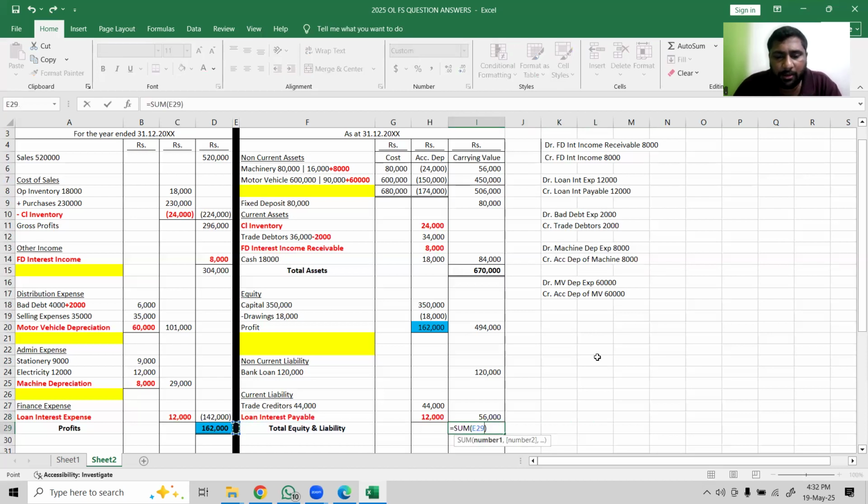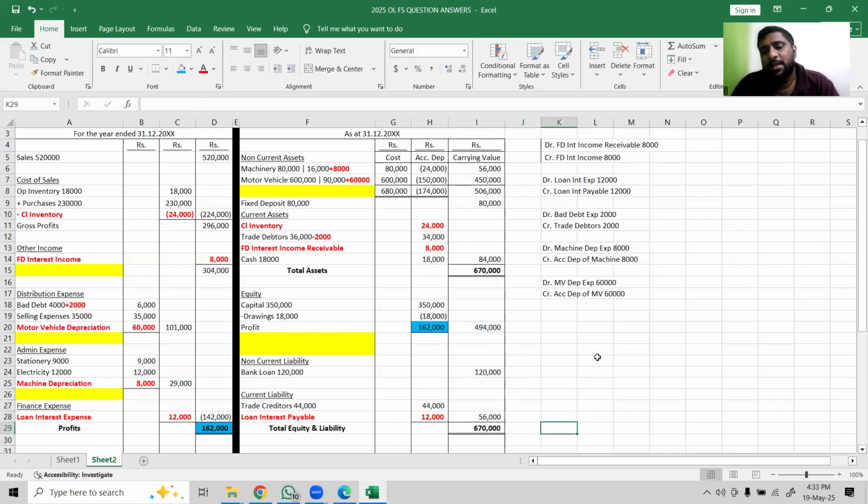So we'll get the total equity and liability 494, 120, 56, 670,000. The balance sheet is balancing.